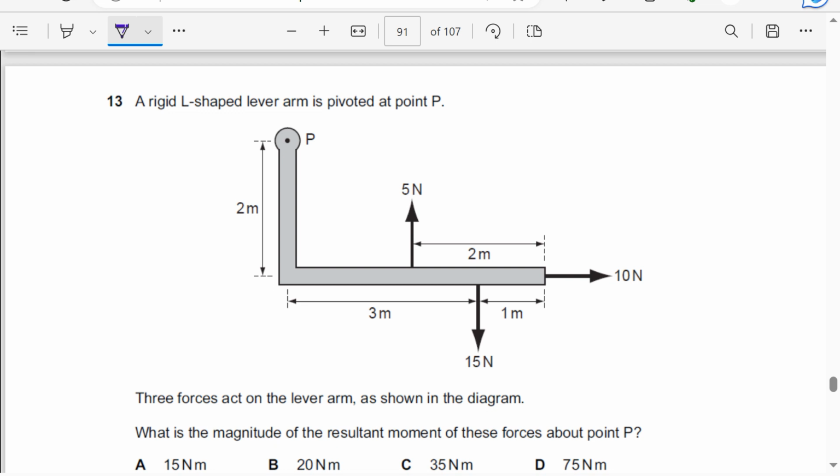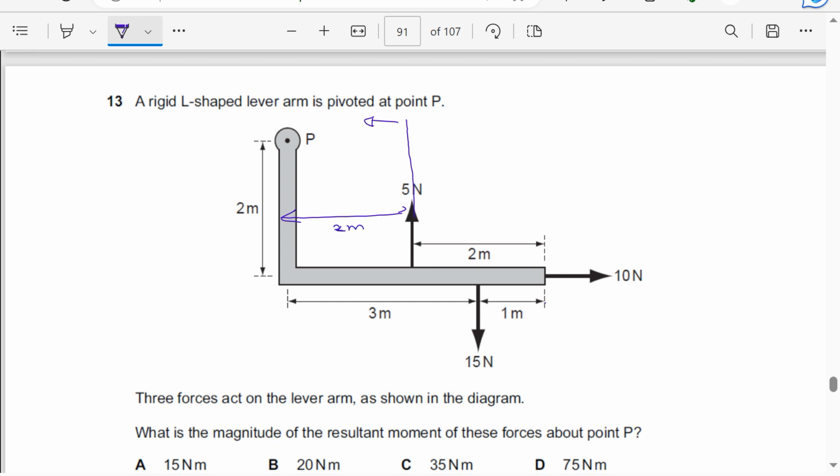So let's check. About point P, the 5 Newton force is causing an anticlockwise moment. Its perpendicular distance is going to be the whole distance here, which is 4 minus 2, which is equal to 2 meters.